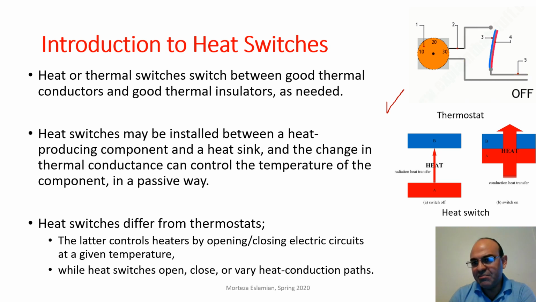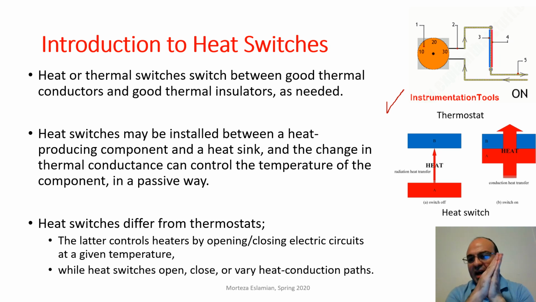straps, this black and this red and blue metals attached side by side, and when they are exposed to a temperature difference, initially they are straight, and then when it's heated, let's say it goes above a set point, then one of the metals, the red one, will bend more than the other one, and as a result the circuit will break and the switch will turn off.